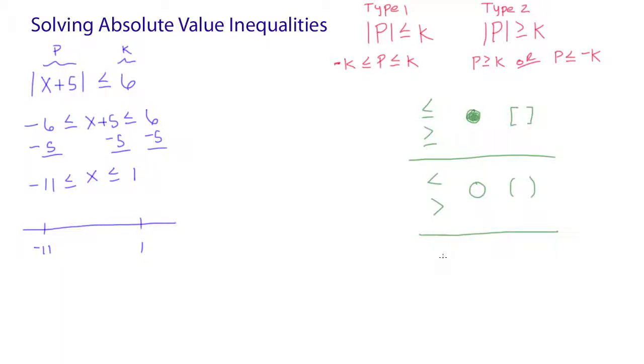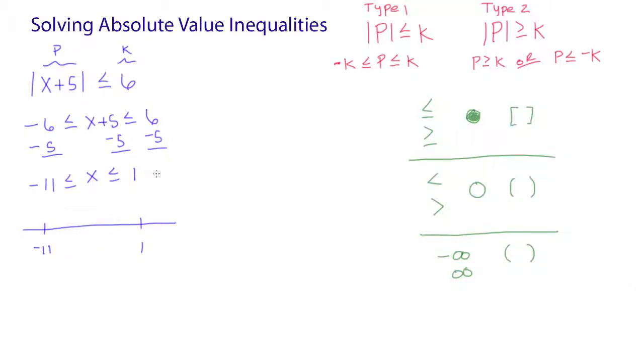Another thing, very quickly, if you have negative infinity, it's not bounded, so it's going to have parentheses as well. Either way, negative infinity or positive infinity. So those are some tricks that we're going to need. All right, so let's continue here.